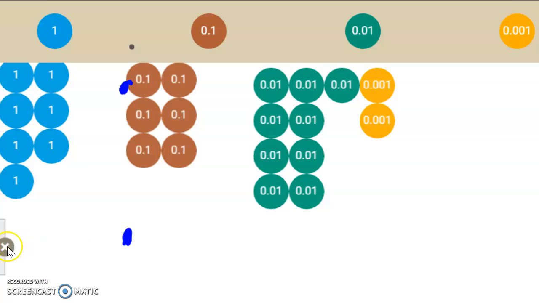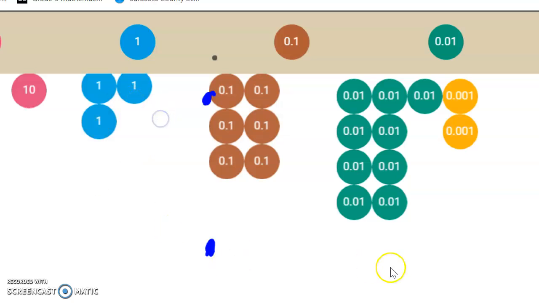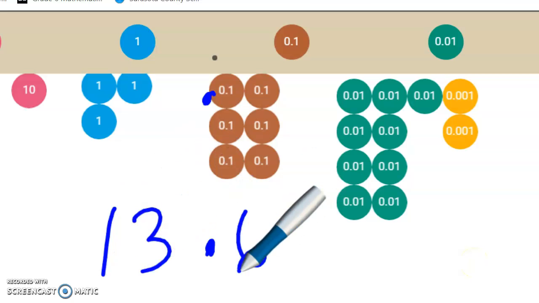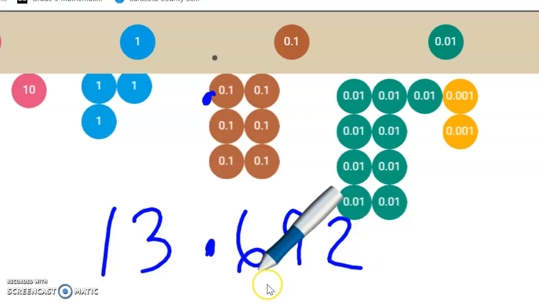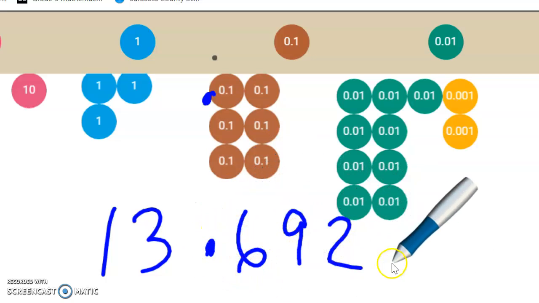And so what I'm left with is my 13 here, and then my 6 tenths, and my 9 hundredths, and my 2 thousandths. So I would say this number is 13 and, that decimal says and, 692 thousandths.